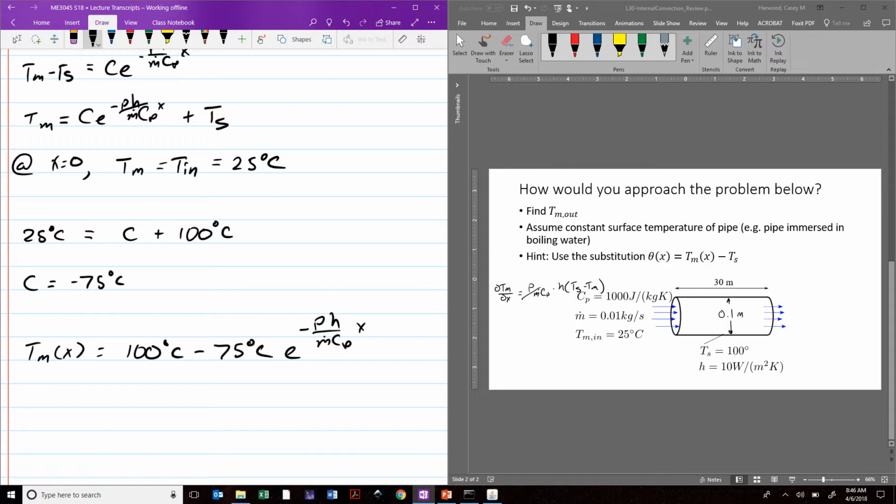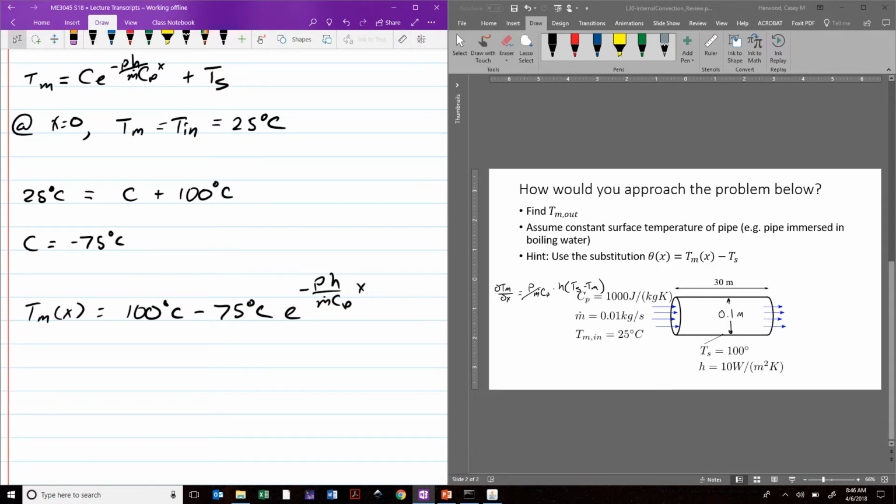So what we're seeking, right, is the temperature at the outlet of the pipe, 30 meters downstream from where it comes in. Simple enough to evaluate.